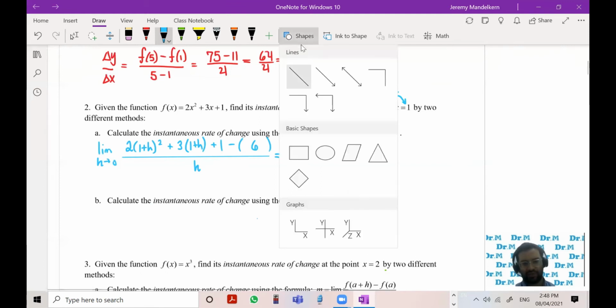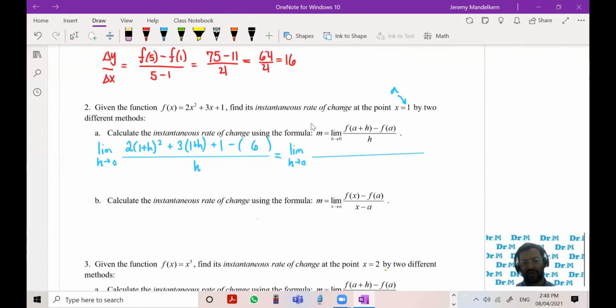When the dust settles and the smoke clears, what remains in the numerator? It'll be some polynomial in the variable h. By inspection, there is a 2h squared. There's also a plus 2h times 2, or plus 4h, plus 3h, so plus 7h.